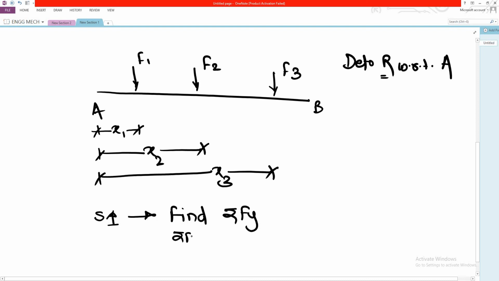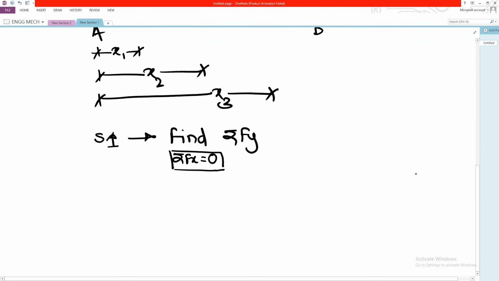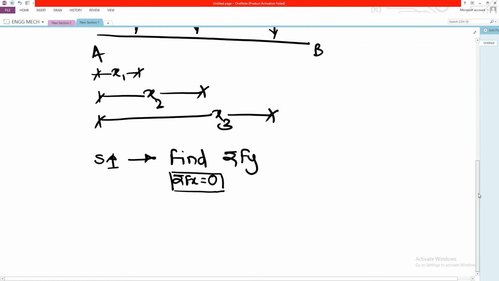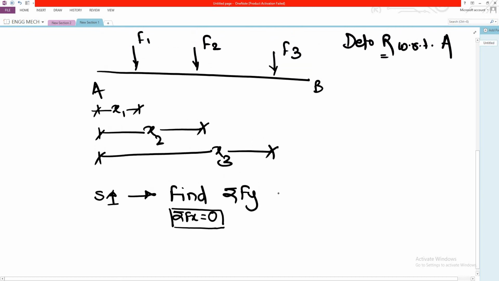Since there is no horizontal force or component here, Fx is always going to be 0. That's why when a parallel force system is given, you don't have to worry about the value of Fx, because when the forces are purely vertical, there will not be any component or force contributing to the value of Fx. Therefore summation Fy needs to be determined.